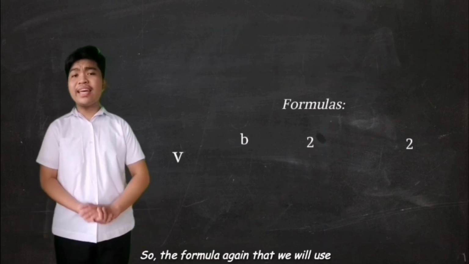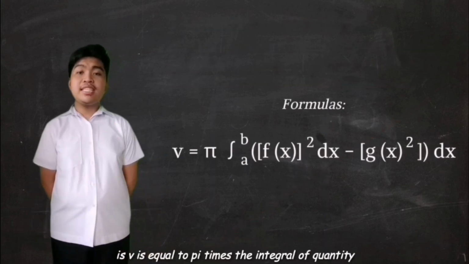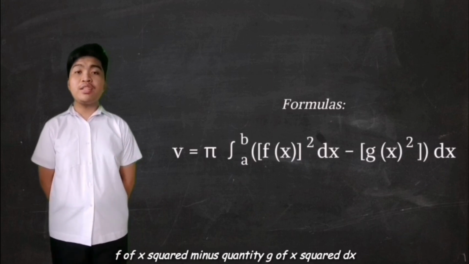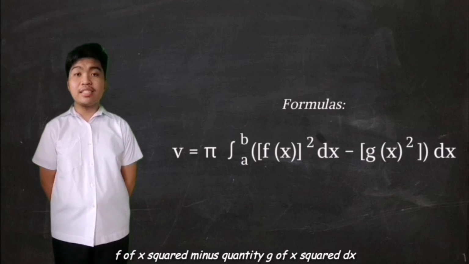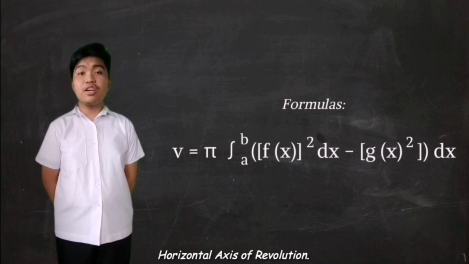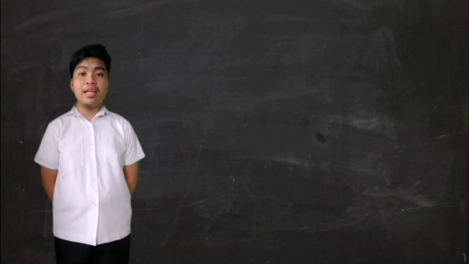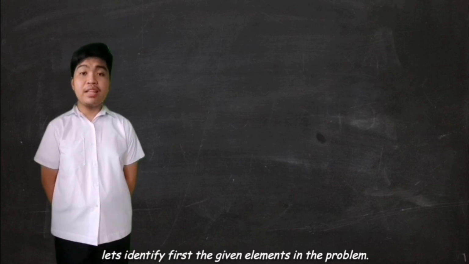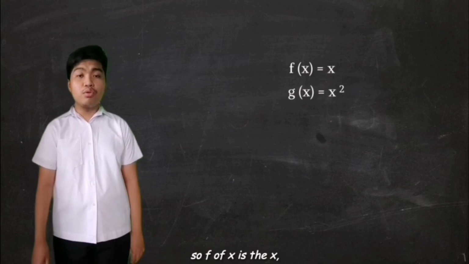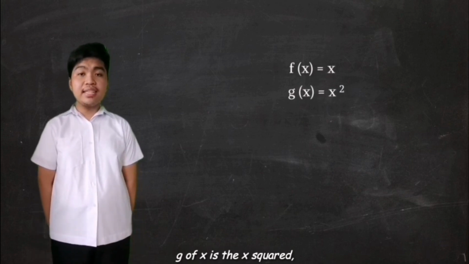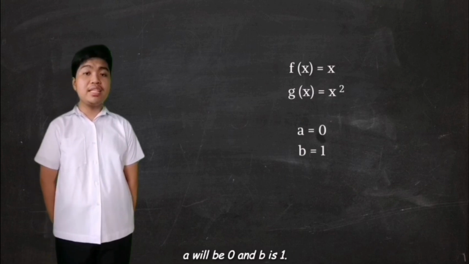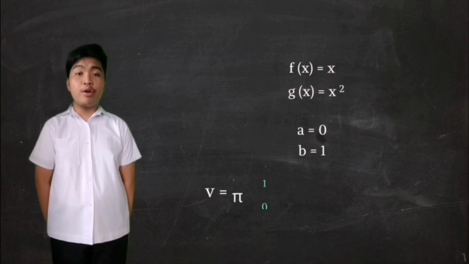So the formula again that we will use is V is equal to pi times the integral of the quantity f of x squared minus the quantity g of x squared dx from a to b, since it is horizontal axis of revolution. Now, to start things off, let's identify first the given elements in the problem. So, f of x is x, g of x is x squared, a will be 0 and b is 1. Then substitute it in the formula.